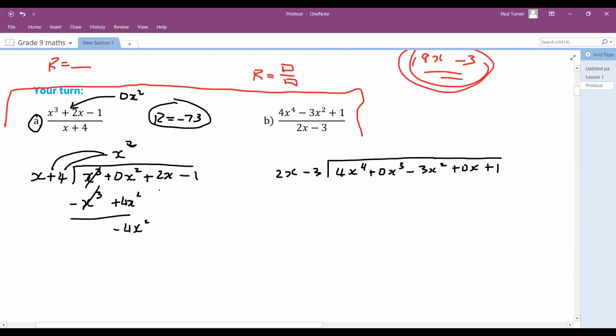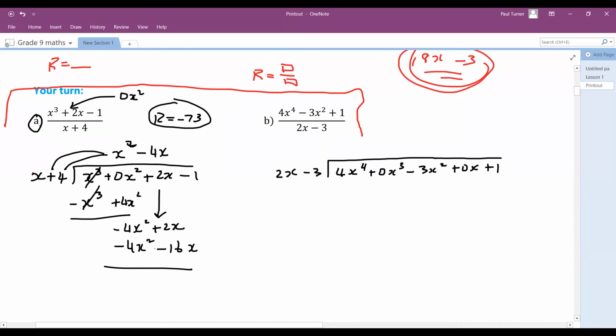At this point, we drop down the next term, which is 2x. So we've got x and we've got minus 4x squared. So this looks like it will be minus 4x. Minus 4x times x, minus 4x squared. Minus 4x times 4, minus 16x.